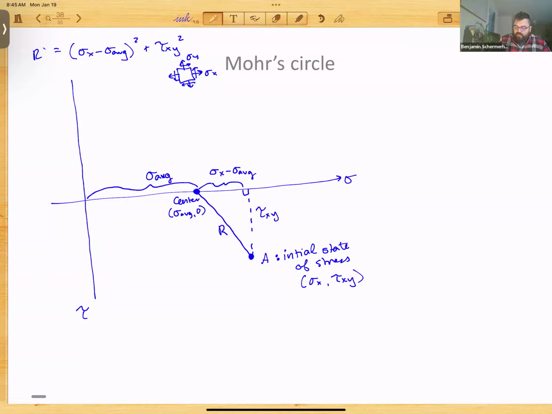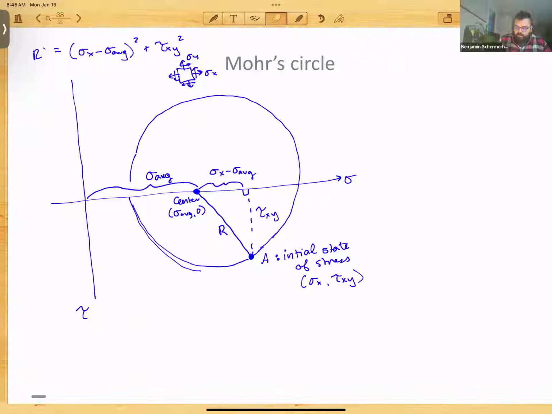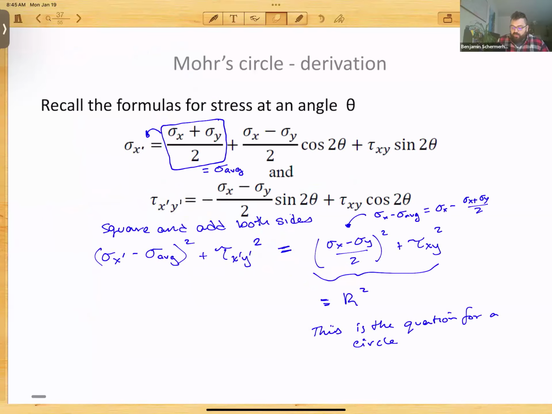Because this R here is going to trace out a circle. If I sweep this around, if I rotate this element through some angle theta, we end up with a circle. Because any state of stress, any of the sigma x prime, tau x prime y prime stuff has to exist at that same R based on our equation. All stress has to exist at this same R.